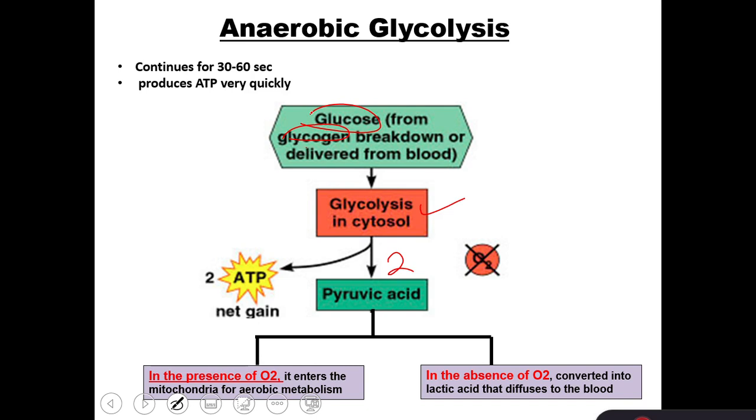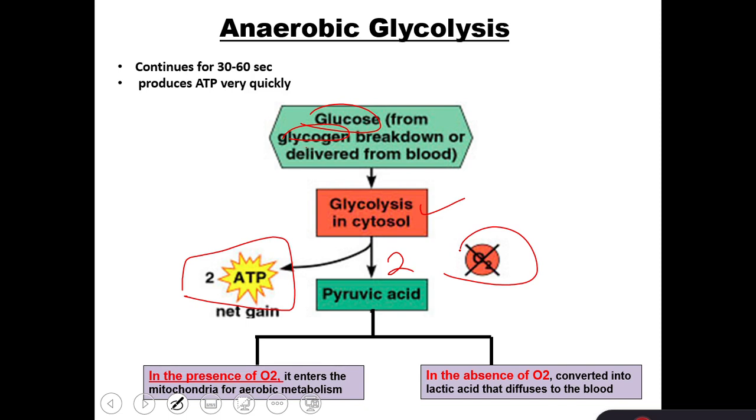So each glucose molecule provides two pyruvate, and as a result of this process, we gain two ATP molecules. So two ATP are gained from one glucose molecule during the anaerobic glycolysis process that happens in the cytoplasm of the cell. Of course, here oxygen is not needed.